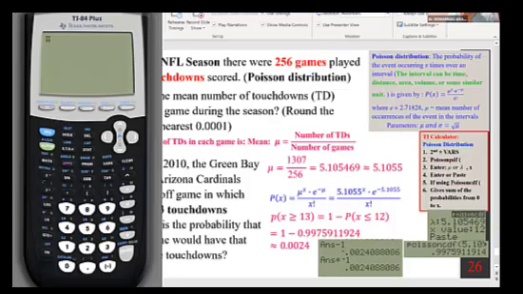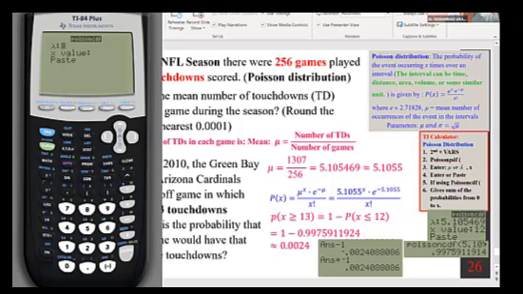We are going to follow this: second variables, using the second key, which is in blue here, variables, and I bring it down to find Poisson PDF, and the next one, Poisson CDF.